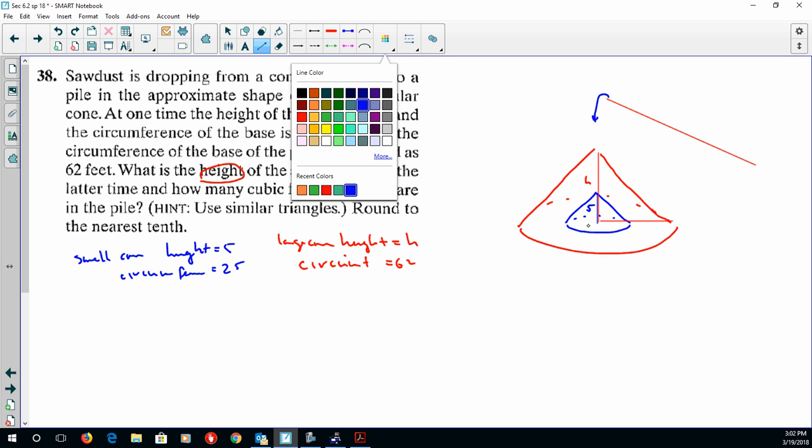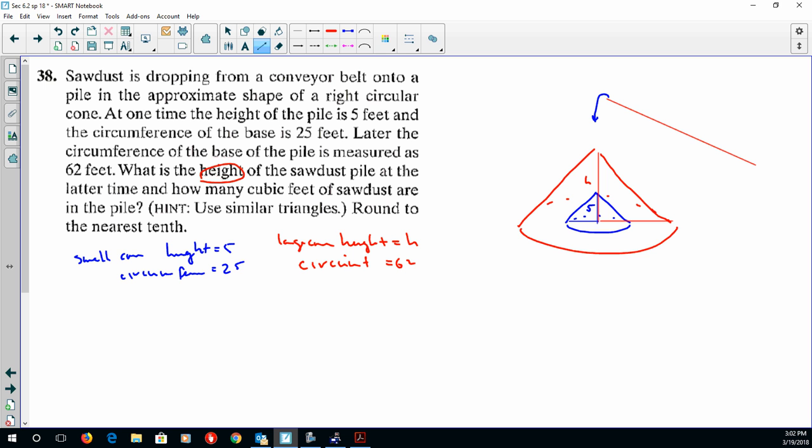So the small one's going to be 5, the big one's going to be H. And they're also going to have a width, which has to be the radius. Okay. So from the circumference, I need a radius.